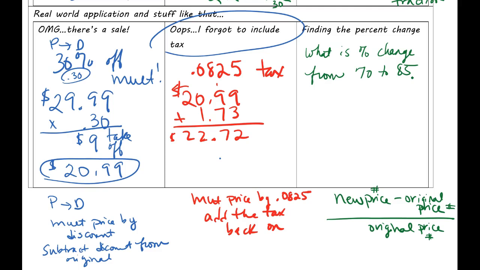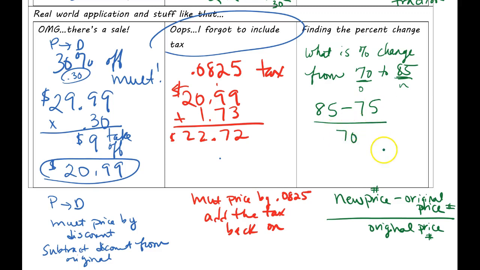It doesn't really matter if you put the 70 in the front or the 85 in the front, or which one you want to call the new number. I'm calling it like we're starting at 70, so that's the old number. I'll call it O for original or old. This one is like we're going to 85, so it's the new number. And I'm going to stick it down into this formula right here. So new price, 85, minus the old price, over the old price.